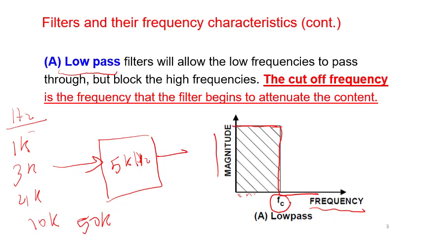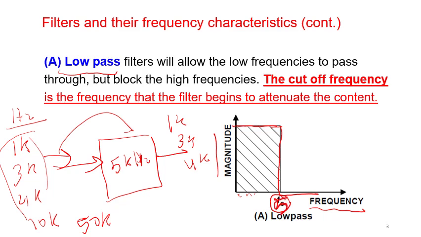If all these signals enter the circuit, you will find on the output only 1K, 3K, and 4K. The rest will not be allowed. So 1 will pass, 3 will pass, 4 will pass, but the others will be rejected, will not pass.